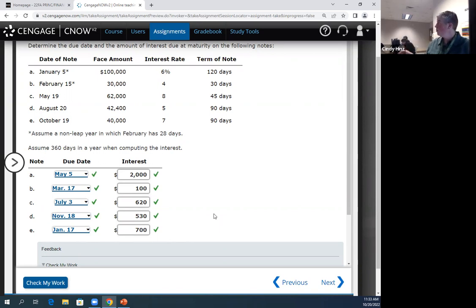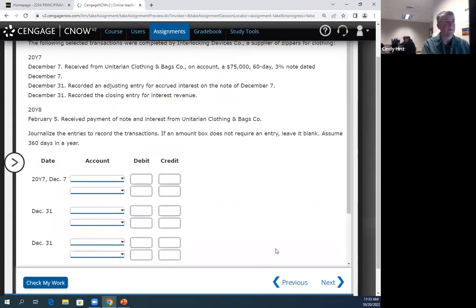The maker of the note would need to accrue the interest expense through the end of the year, and the payee would be able to accrue the interest income. Even though it's not going to be paid until January 17th, the matching principle tells us you need to get that revenue or expense in the correct period where it's earned or incurred. And we're going to see how to do that in this next exercise.